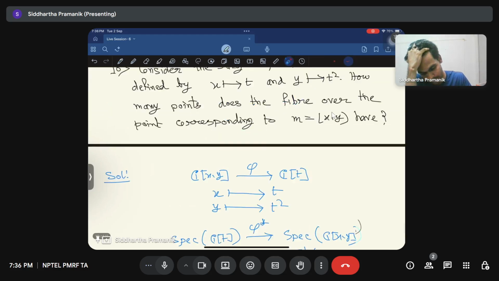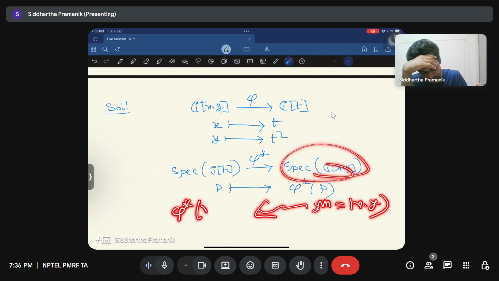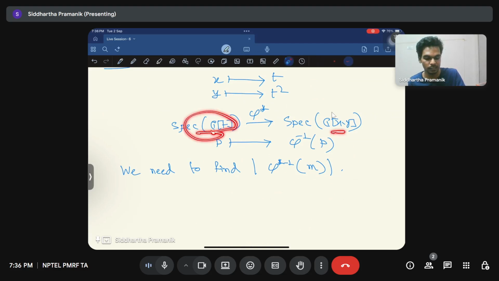Now M is an ideal here. So fiber over this point means you take the inverse image phi star inverse of M. Then what is the cardinality of this set? So we need to find the cardinality of phi star inverse M. So how many elements are there whose pre-image is this?